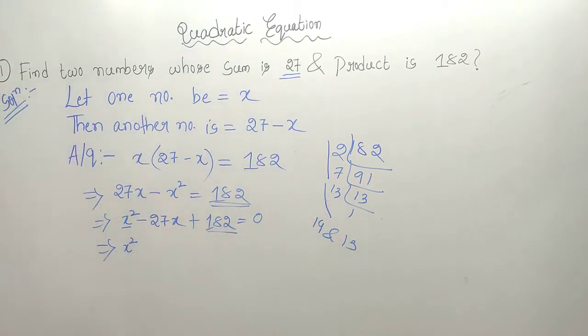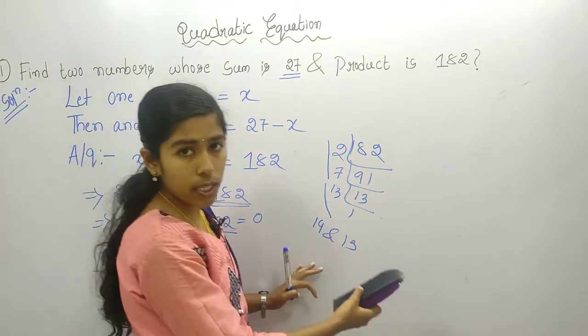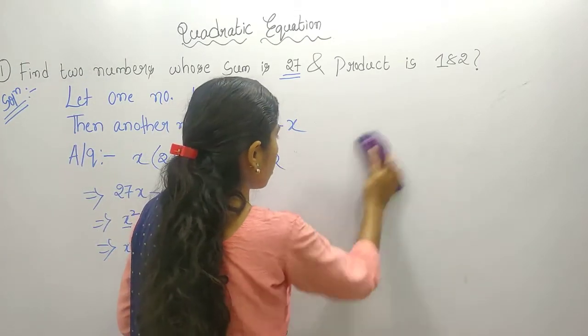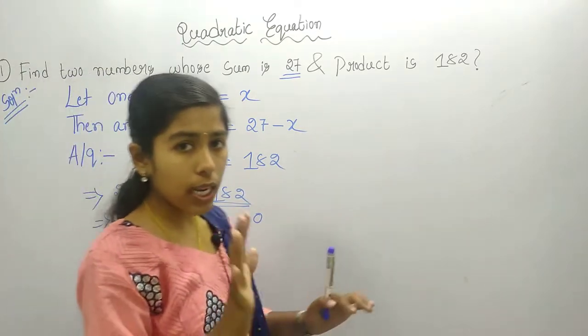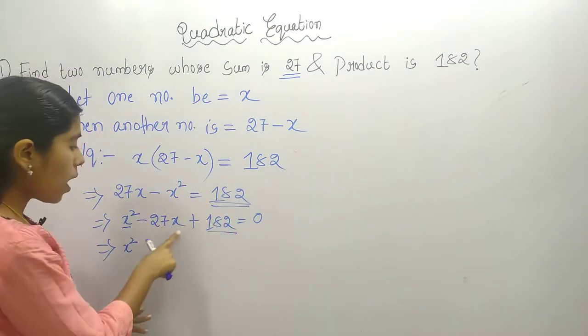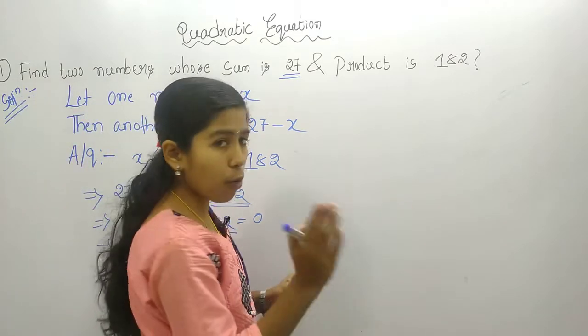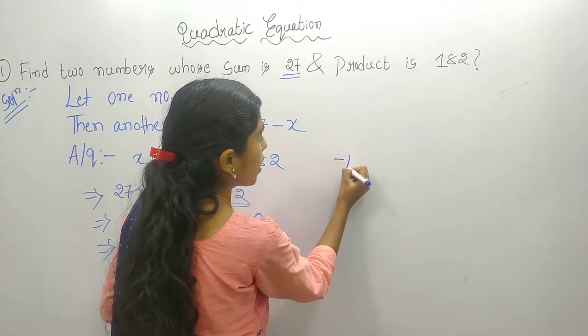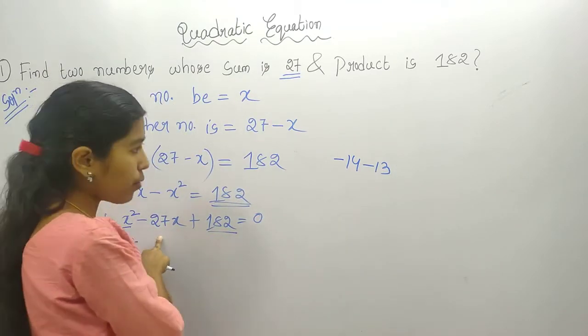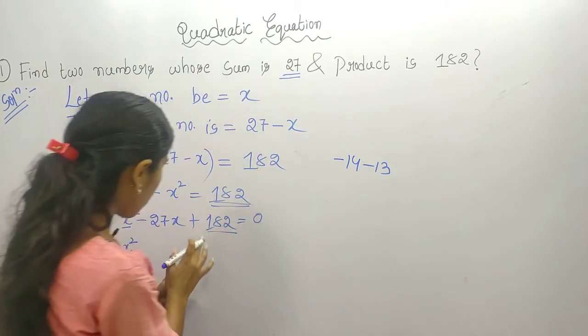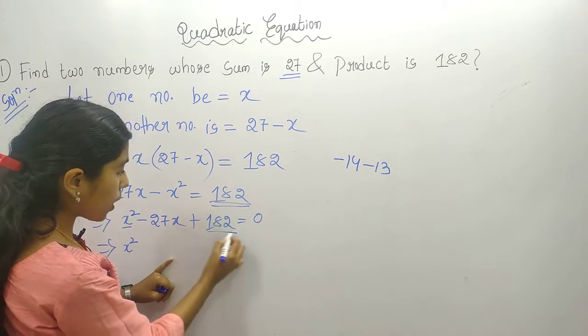So we will check whether these two numbers are correct or not. If we add these numbers, what should come? Minus 27. We took 14 and 13. If we take minus 14 minus 13, then minus 27 will come. Then if we multiply, we should get plus 182.